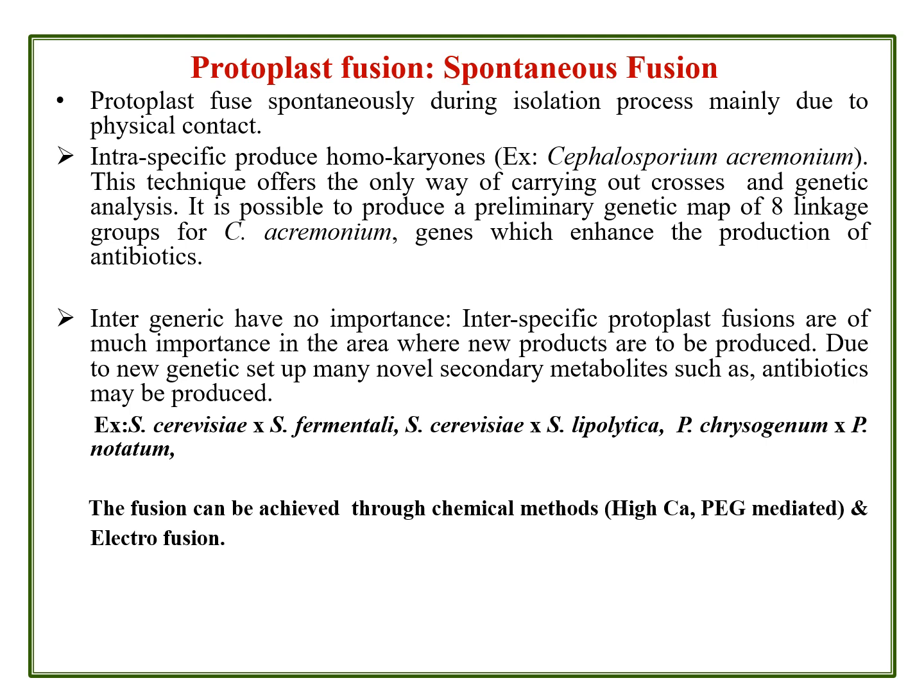Best examples are Saccharomyces cerevisiae, Saccharomyces fermentati, Saccharomyces lipolytica, Penicillium crassulaceae, and Penicillium notatum. The fusion can be achieved through chemical methods like high calcium concentration or polyethylene glycol mediated fusion, and electrofusion.